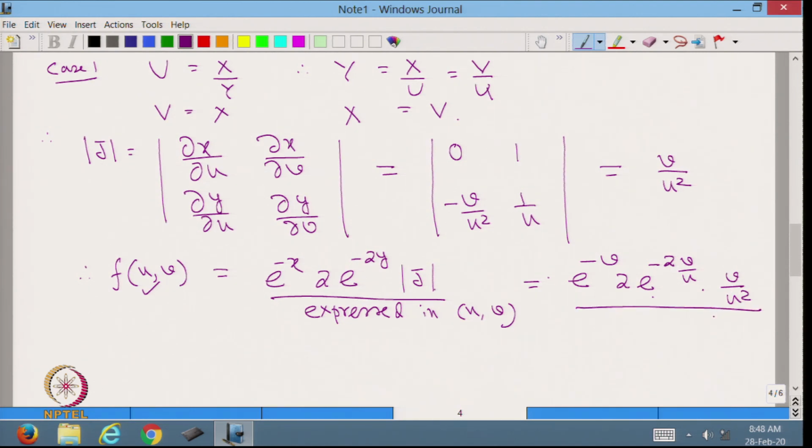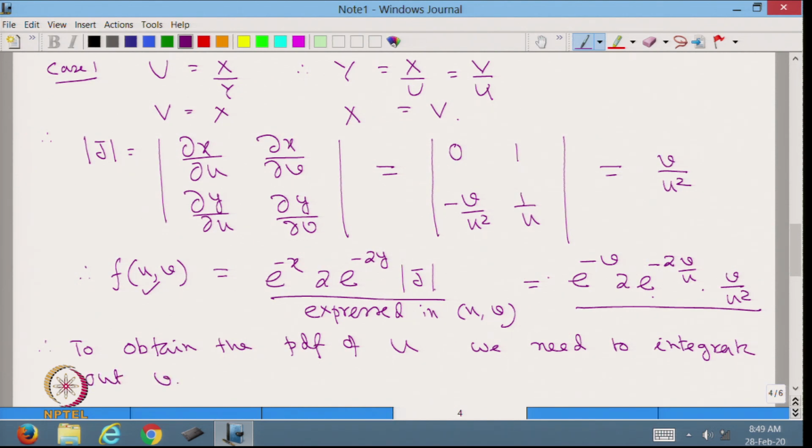So, that is the PDF f u v. Therefore, to obtain the PDF of u, we need to integrate out v.